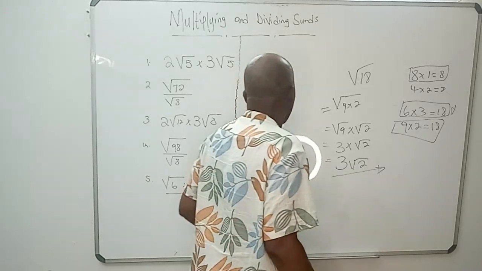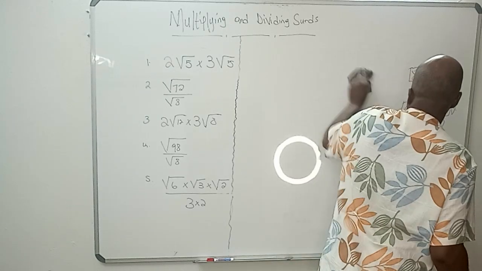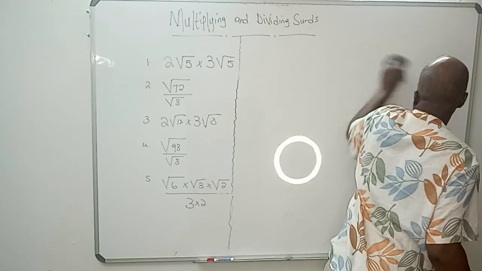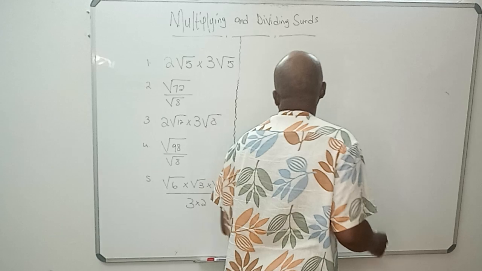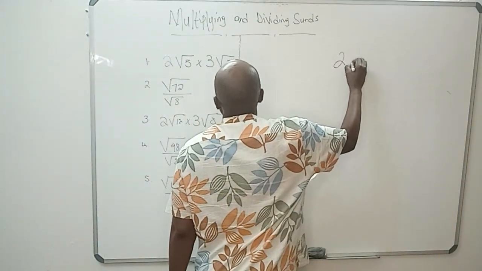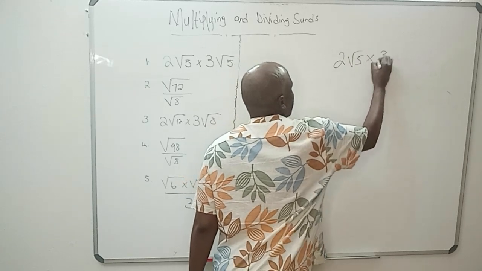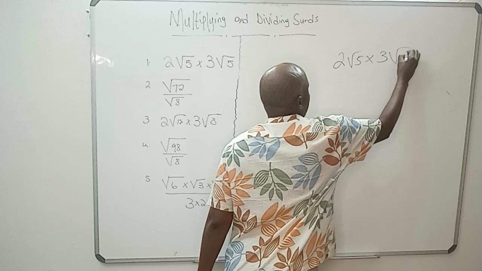Okay? Right. Let's quickly go to the questions now. Number 1 says 2 root 5 multiplied by 3 root 5.